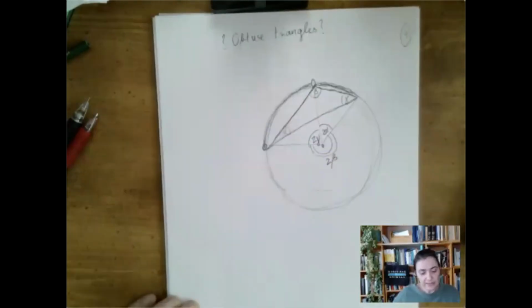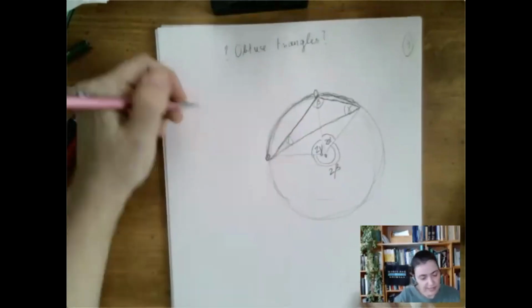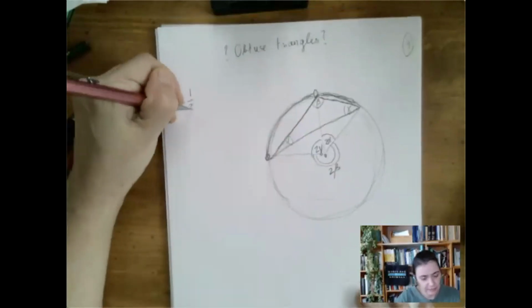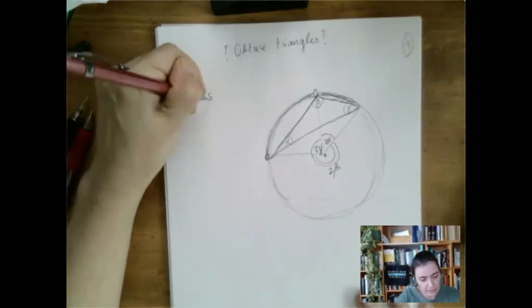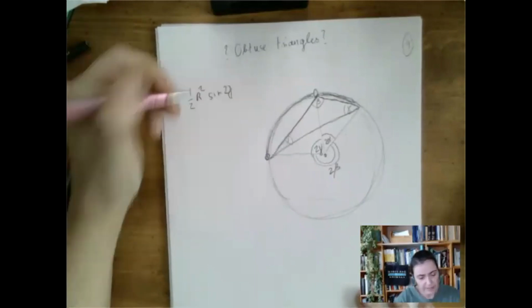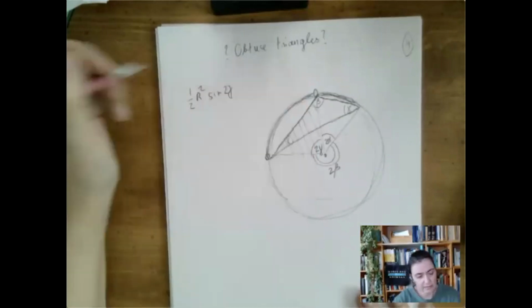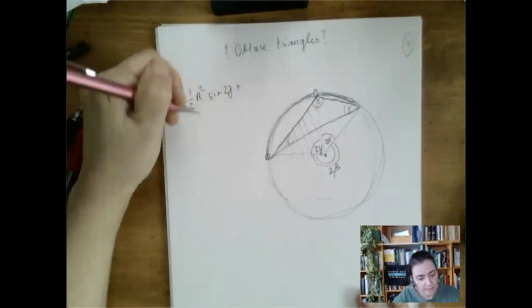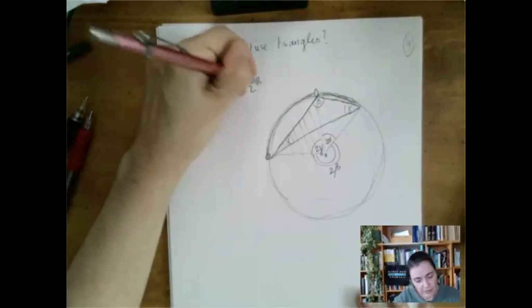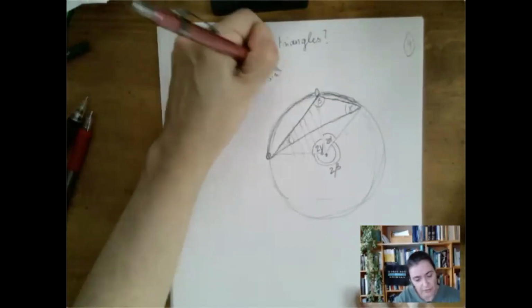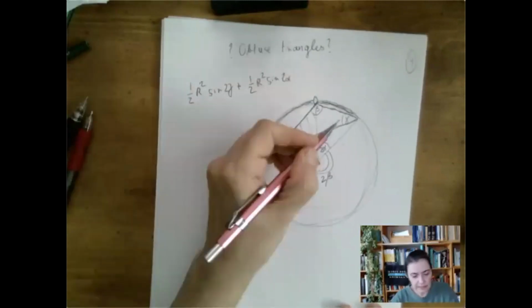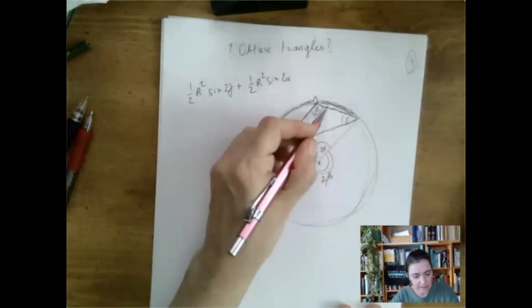So here is what I thought at first. Let's say we have 1/2 r squared sine of 2 gamma. That would be this area here. And plus 1/2 r squared sine of 2 alpha would be this area here.